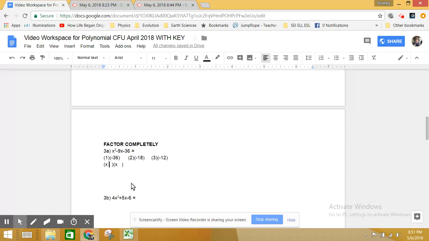So my factors are going to be x plus 3 and x minus 12. If we FOIL that out, my first is x squared, my outside is negative 12x, my inside is positive 3x, and my last is negative 36.